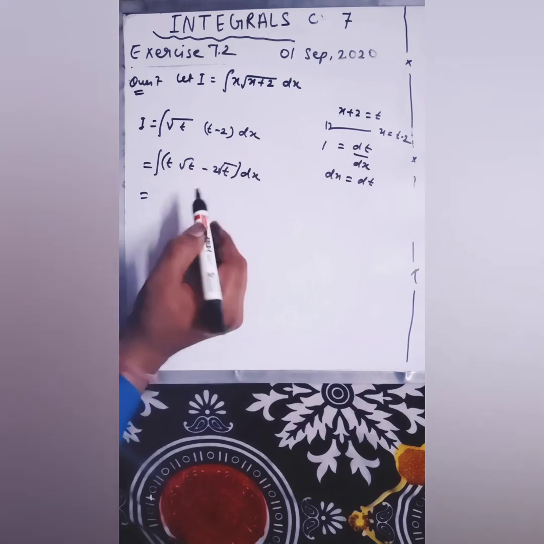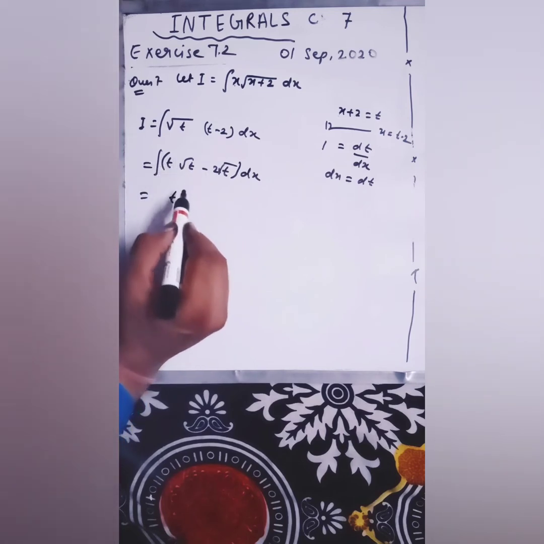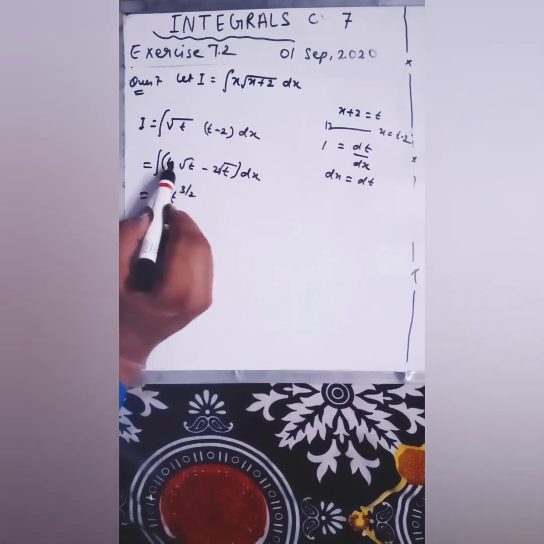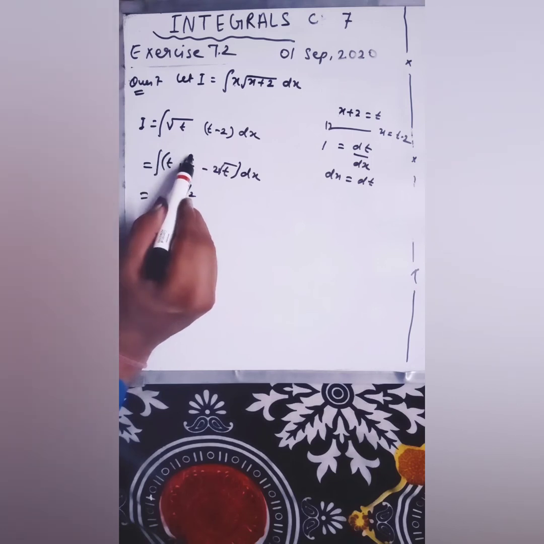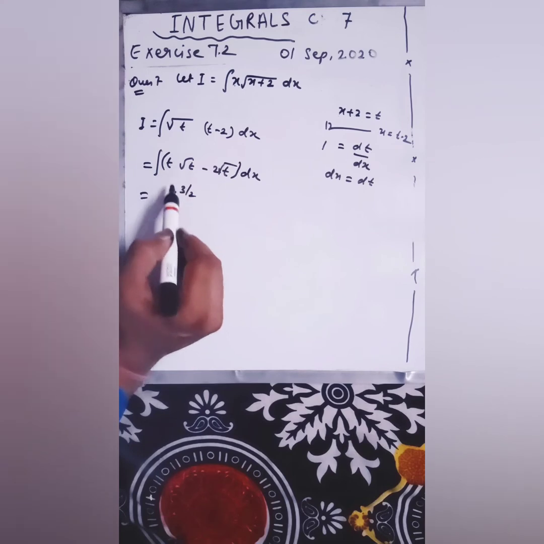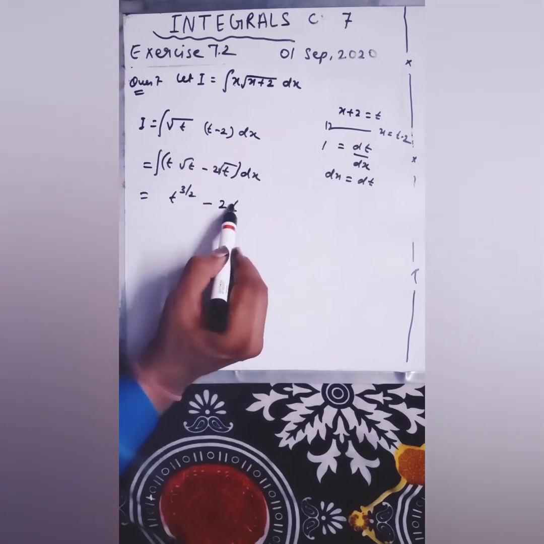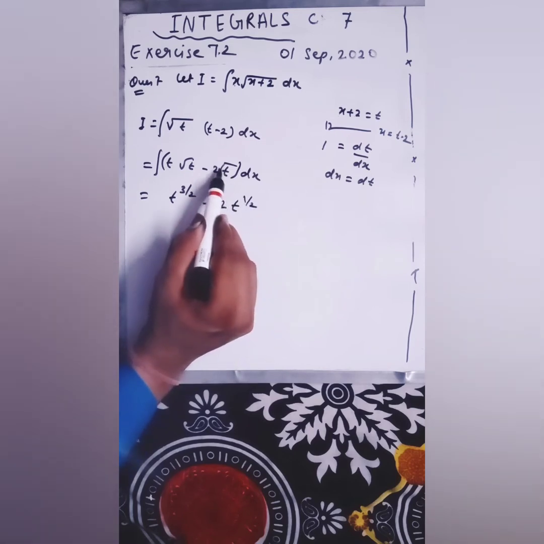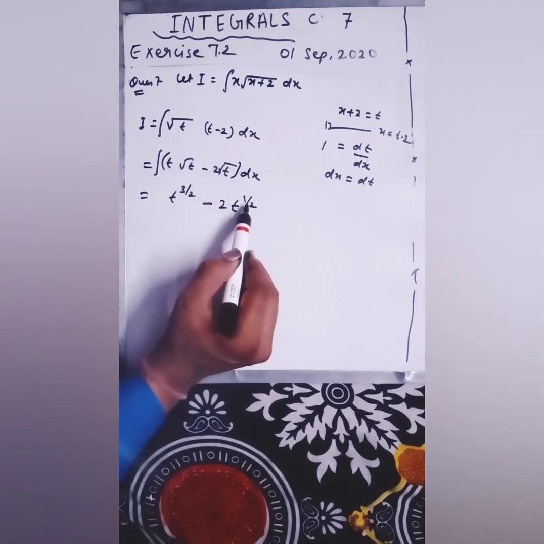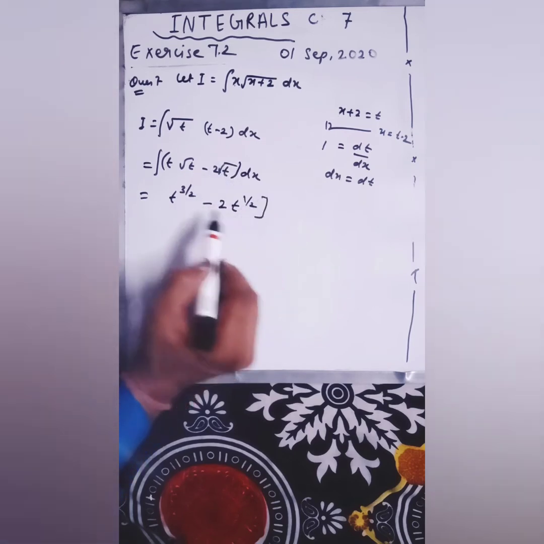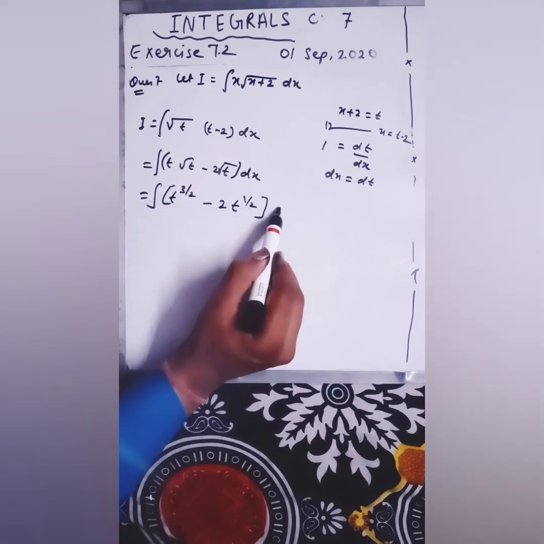Now children, what you have to do here, I can write t raised to power 3 by 2, because t raised to power 1 is there and 1 by 2 is there. So you have to use exponents. Bases are same, so you have to add the powers. When you add 1 and 1 by 2, you will get 3 by 2, minus 2 t raised to power 1 by 2. I'm replacing this root by power 1 by 2, within this bracket, integration dt.